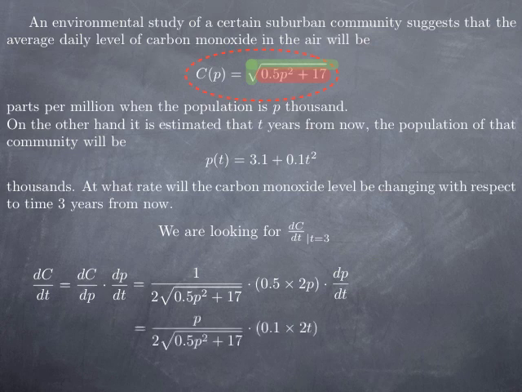Simplifying a little bit, at the top, the 0.5 multiplied by 2p is simply 1p, and the derivative of p with respect to time can be replaced by 0.1 multiplied by 2t, because as a function of time, population is simply 3.1 plus 0.1t squared.